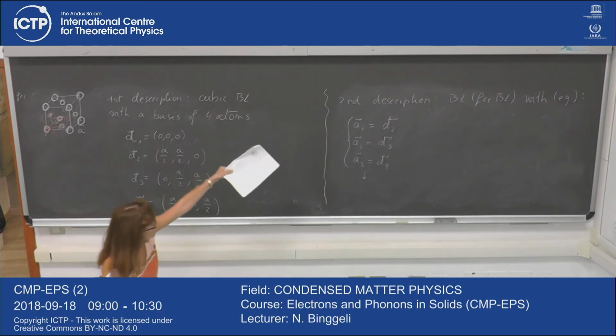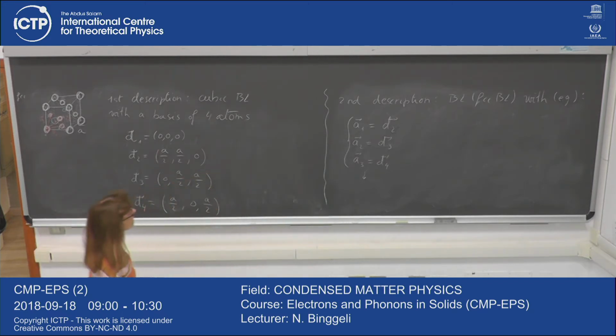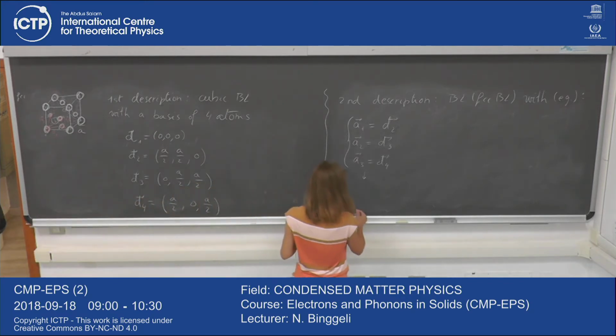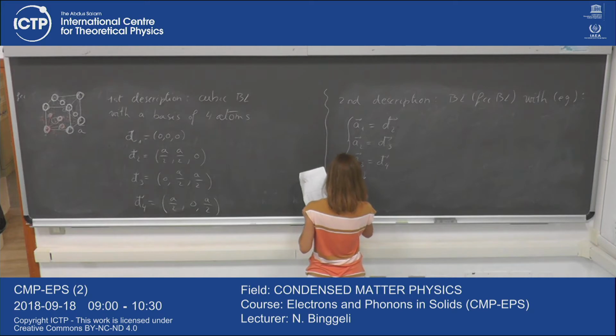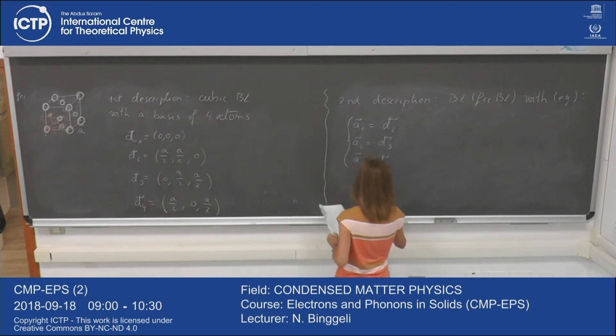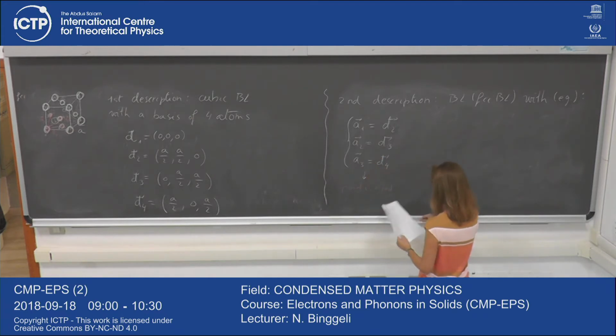With these primitive vectors, I obtain directly the position of this atom, this atom, this atom, and the one at the origin, so the points in red are immediately obtained.